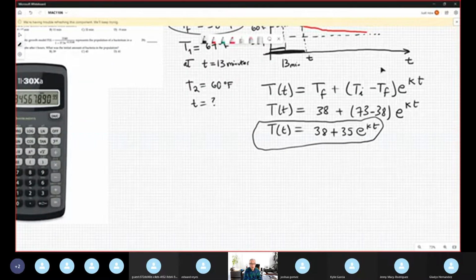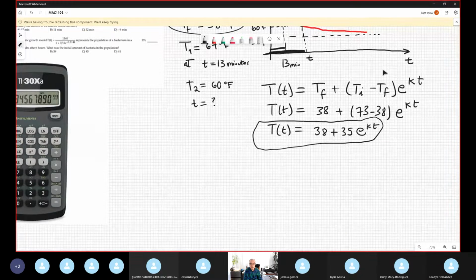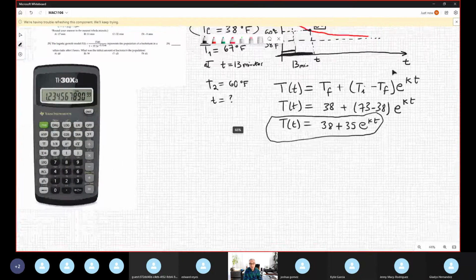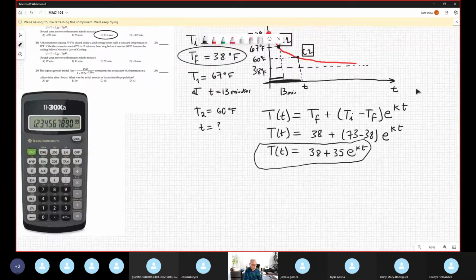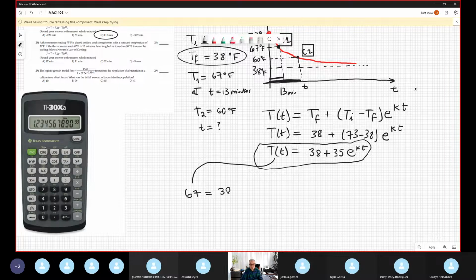Now the only unknowns are k and t for condition 1 and condition 2. In condition 1, the temperature was 67. So 67 is equal to 38 plus 35 e to the k multiplied by the time, because the time is 13.